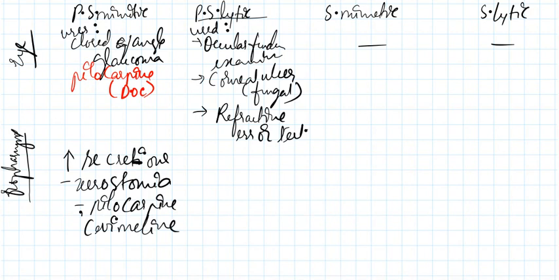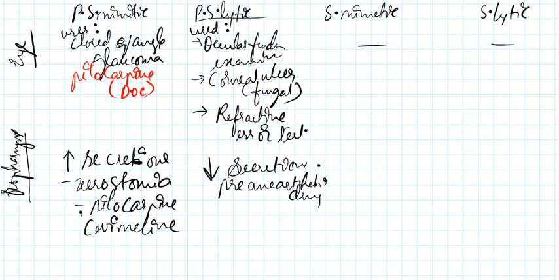Now parasympatholytics, that is anticholinergics, decrease the secretions. In which conditions are they used for this purpose? As a pre-anesthetic drug. An example is glycopyrrolate, which is a quaternary amine, and it does not cross the blood brain barrier.